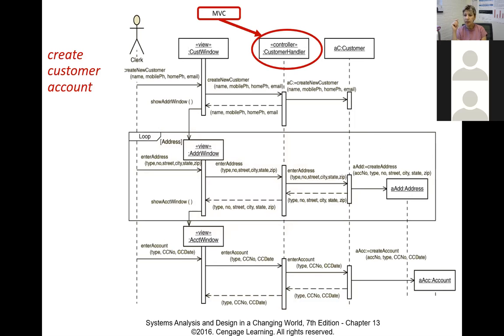When we were converting the system sequence diagram to sequence diagrams, we looked at this example. There is a customer that's been created, and a customer can have multiple addresses, and one account is created for the customer and it's associated with the customer. So 3 objects here: customer, address, and account.